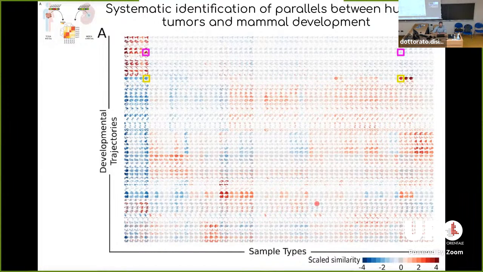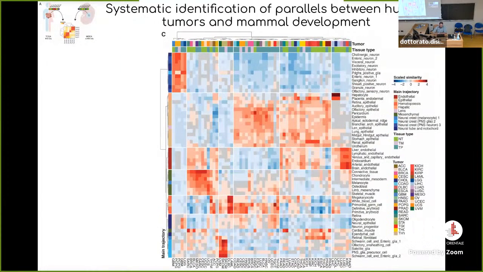This is not really a quantitative way of representing this data, but you can start looking at it and see some patterns of high similarity and patterns of lower similarity. We can look in a more detailed way at this type of data by means of a heat map that contains exactly the same data.